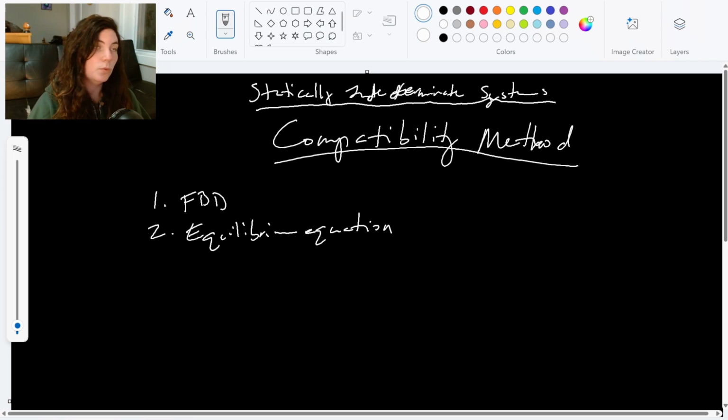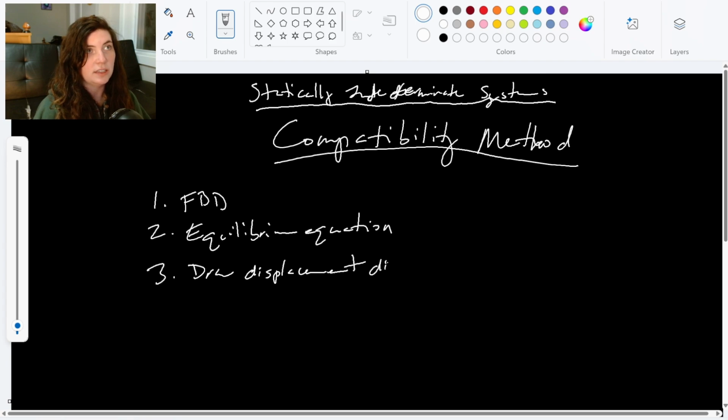But for this method, we will write out our free body diagram, write out all of our equilibrium equations, and then from that point, we will set up some geometry relationships. So now we will draw the displacement diagrams for how this thing is moving.